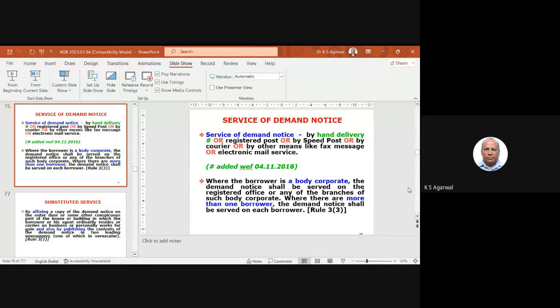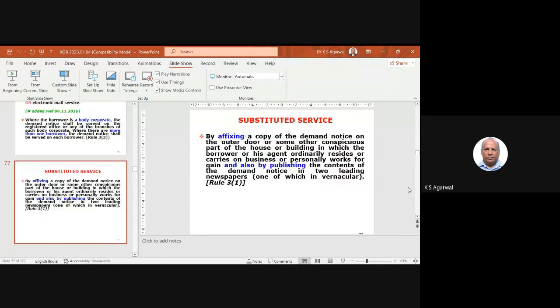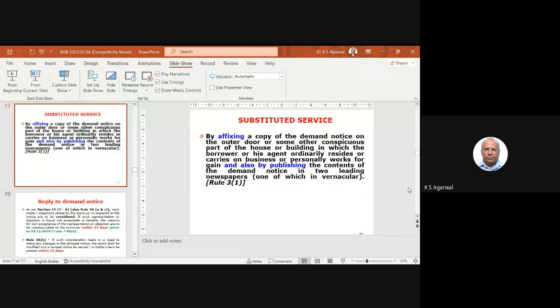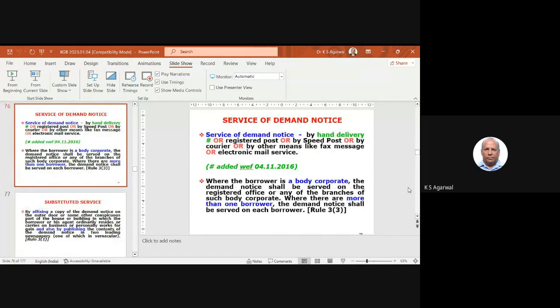I can also send. Whatever I have sent, I should get an acknowledgement of delivery. For registered post, speed post, I should get an acknowledgement, or otherwise I can track on the speed post website. And if the website says it has been delivered, I should get a printout and put it in the file. I should have a proof.